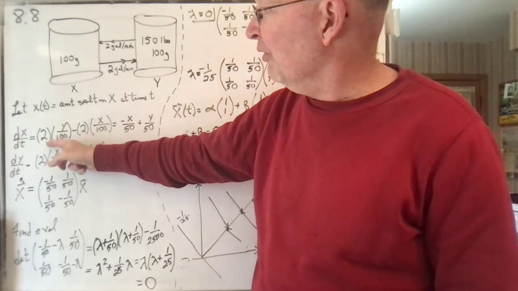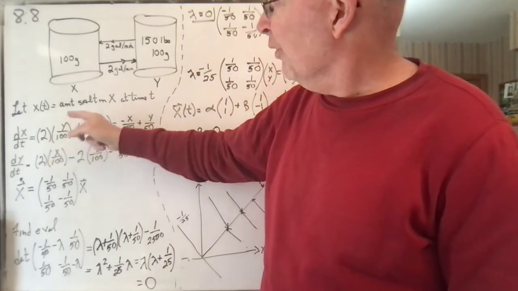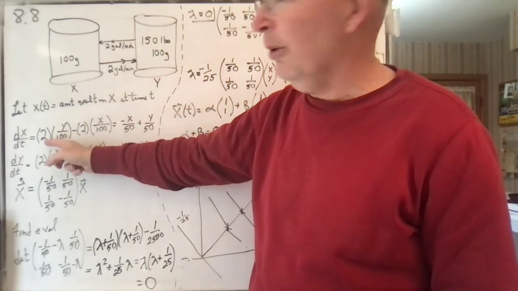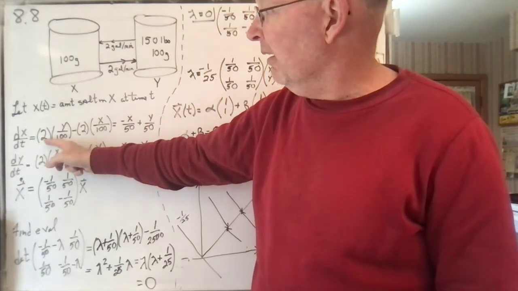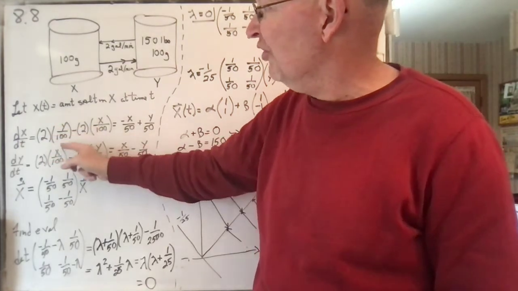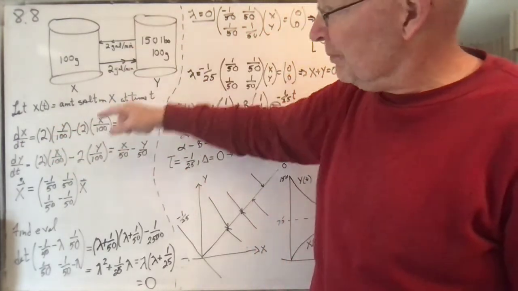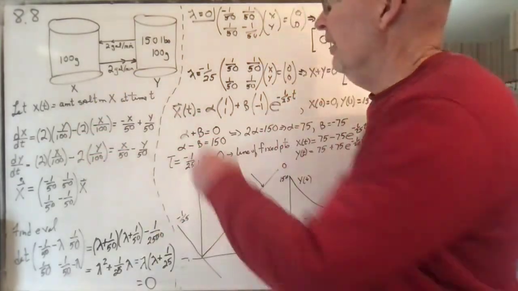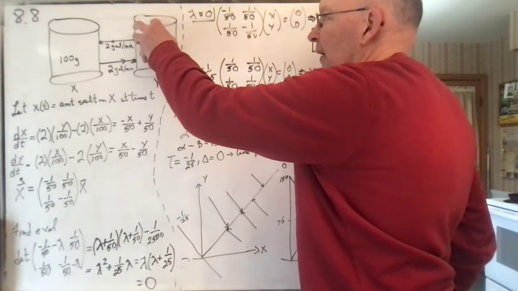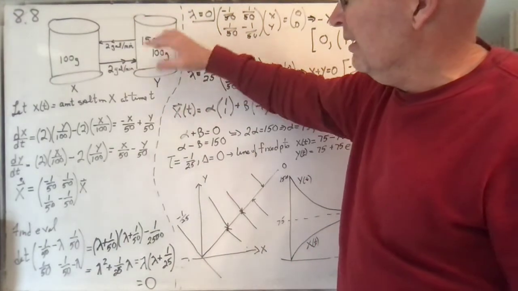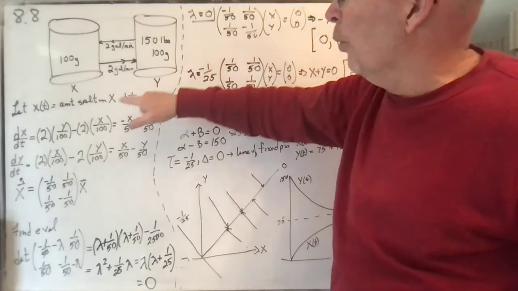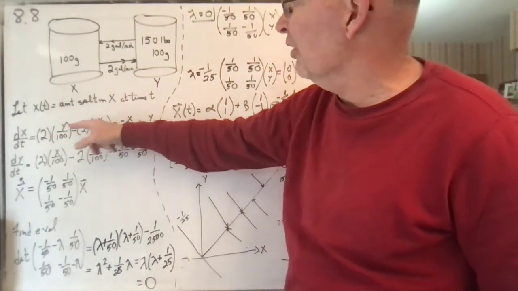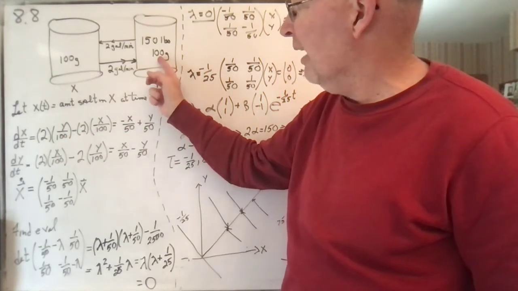Here's the rate at which salt is coming in. First of all, the solution is coming in at a rate of 2 gallons per minute. So there you have it right there. And each of those gallons has how much salt in it? Well, at any time t, the amount of salt per gallon is just the concentration of this tank. So in this tank, at any time t, you have y of t as the amount of salt, and you've always got 100 gallons of solution.